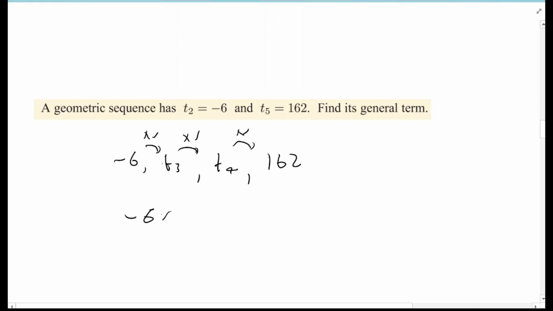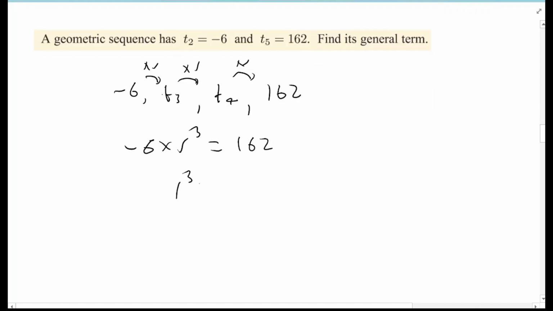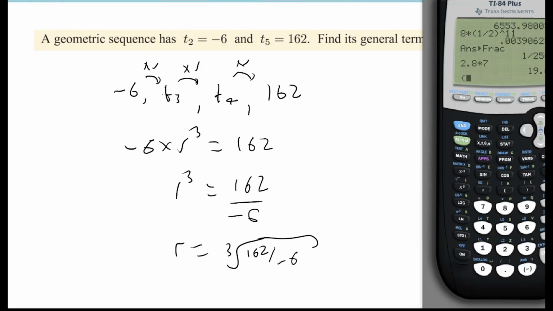So if I got -6 times r cubed, that should give me 162, and I can rearrange that to get r cubed. So r equals the cube root of 162 over -6. We'll see what that is. So I can do 162 over -6, and I can raise it to the power of a third to figure out what that is.